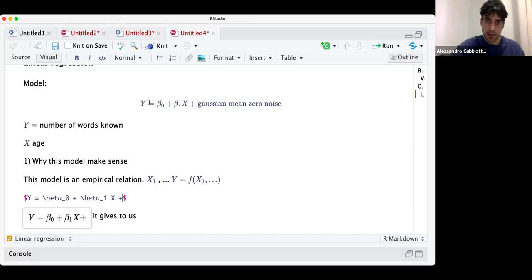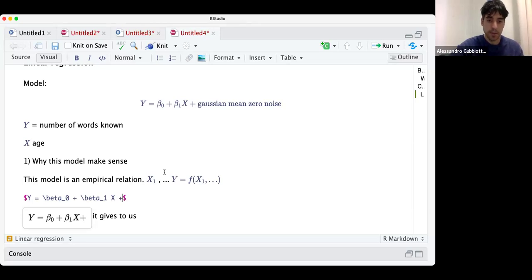So this is the idea of putting this model.